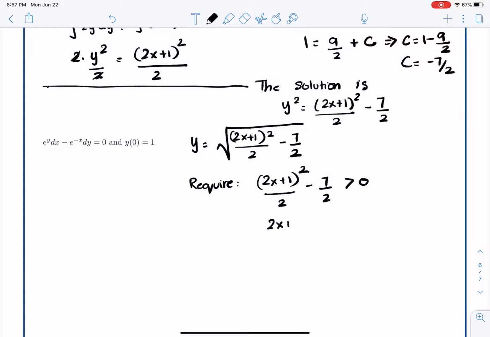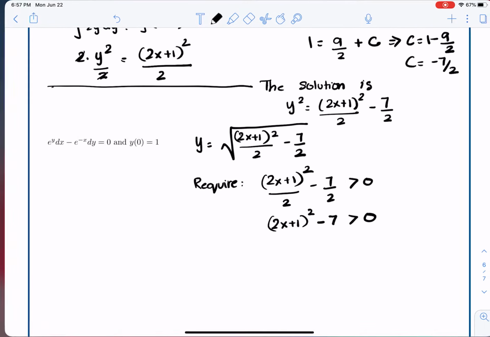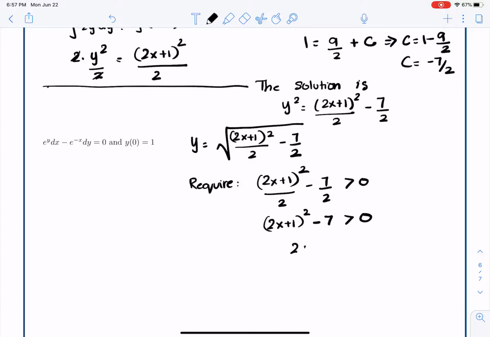So if we simplify by multiplying by 2 on both sides, we would have 2x plus 1 squared minus 7 to be greater than 0. So 2x plus 1 squared will be greater than 7.